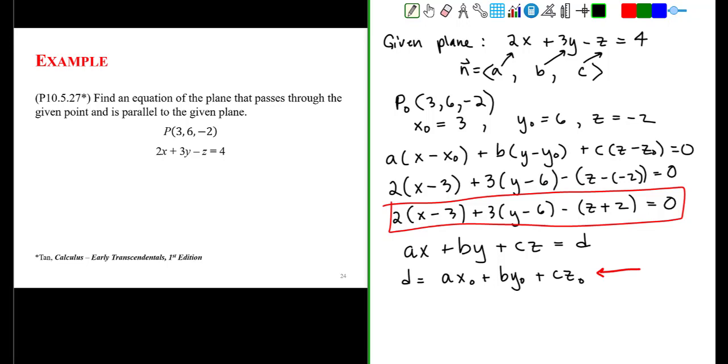So that's what I'm going to do. I am going to put the standard form of the equation of our plane into this form. And to do that, I just have to distribute the coefficients. So that's 2x - 6 + 3y - 18 - z - 2 = 0.